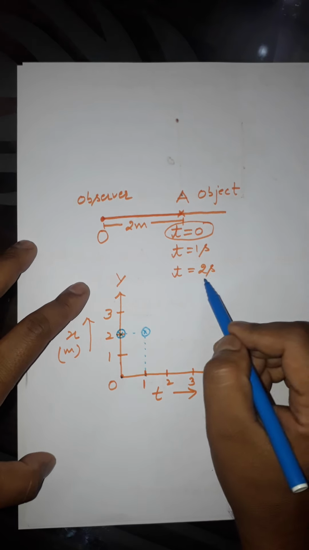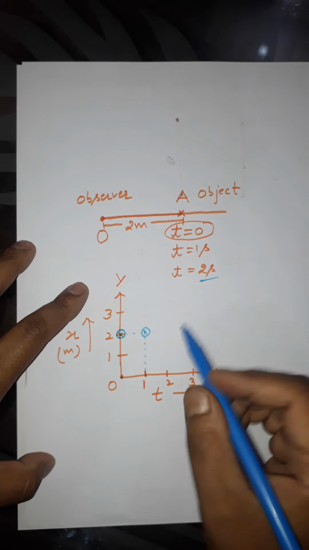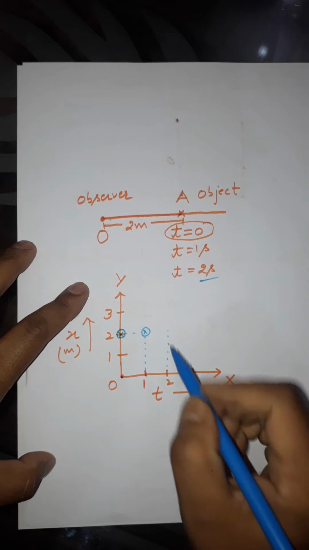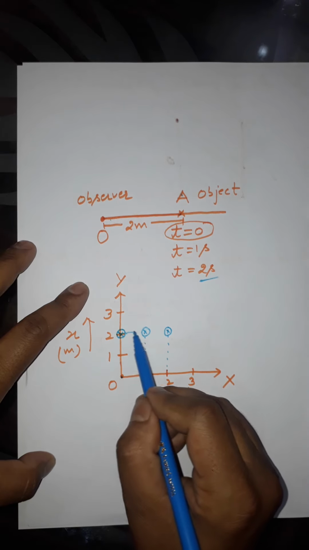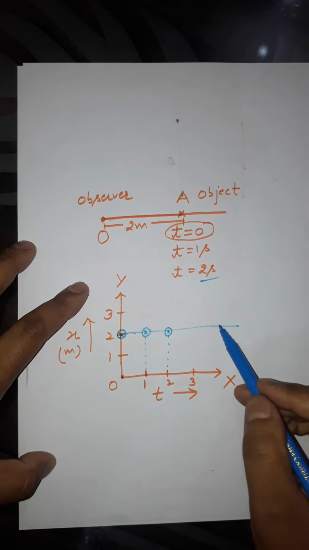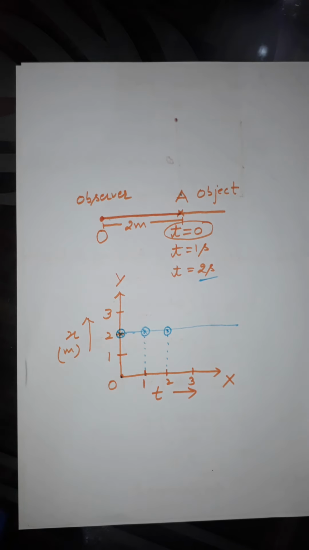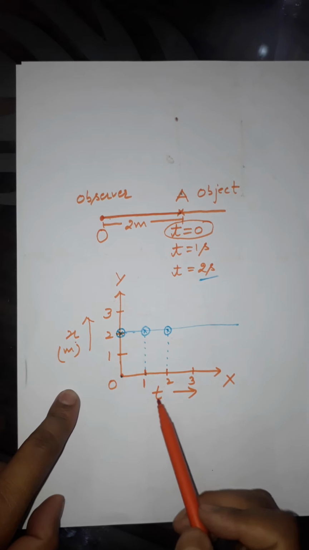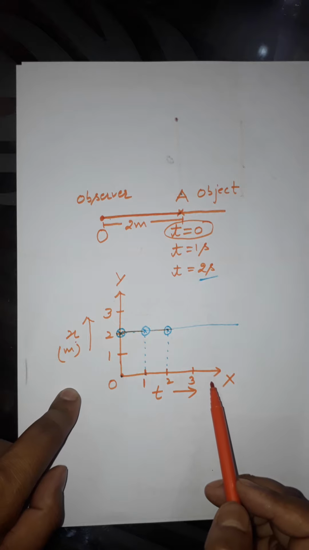When time is 2 second, object remain at the same distance means 2 meter. Okay, so we can draw a graph which is a straight line parallel to time axis. So we came to know that for a stationary object, xt graph is a straight line parallel to time axis.